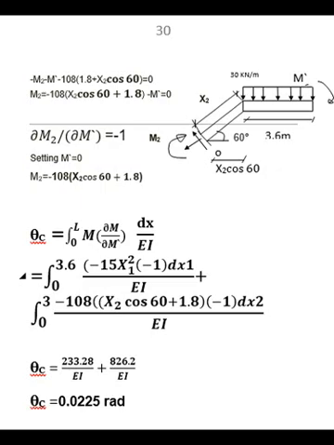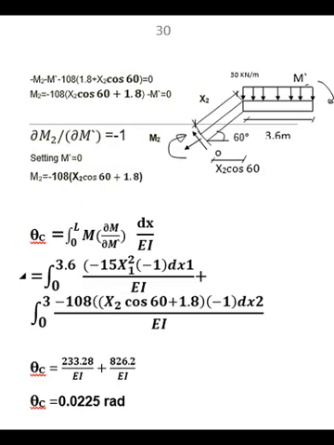We take the partial derivative of M2 with respect to M dash, and it will be minus 1. Setting M dash equal to 0, M2 will be minus 108 times x2 cosine 60 plus 1.8. This is 1.8, the half distance of 3.6 meter.